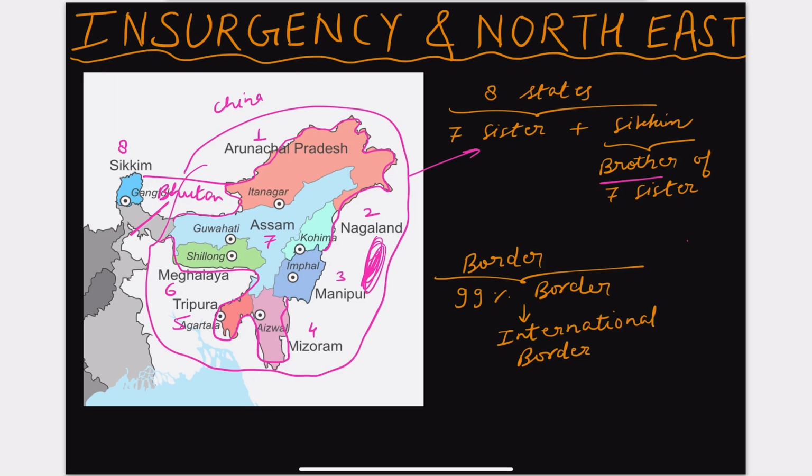So you can see that the majority, actually 99% of the border region, is what? It's international border. Here it's international border with China, here with Myanmar, with Bangladesh, with Bhutan, and here with Nepal. Again China, here Bhutan. So 99% of the border is international border.